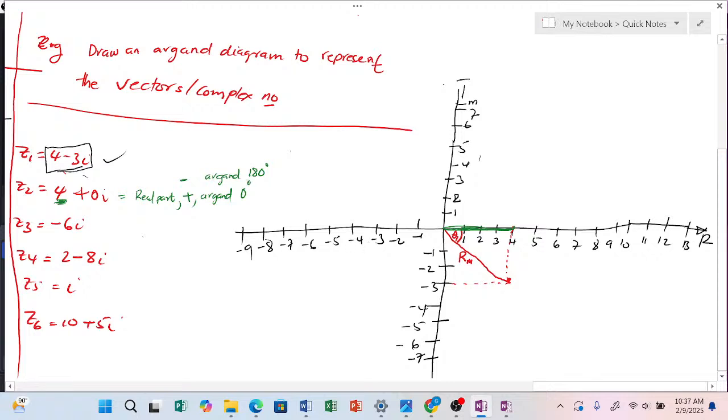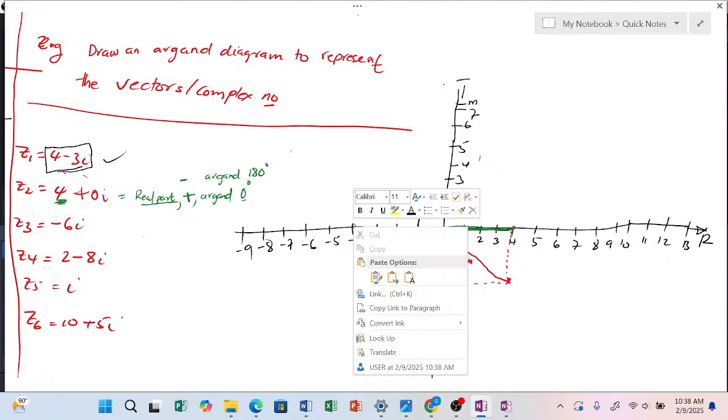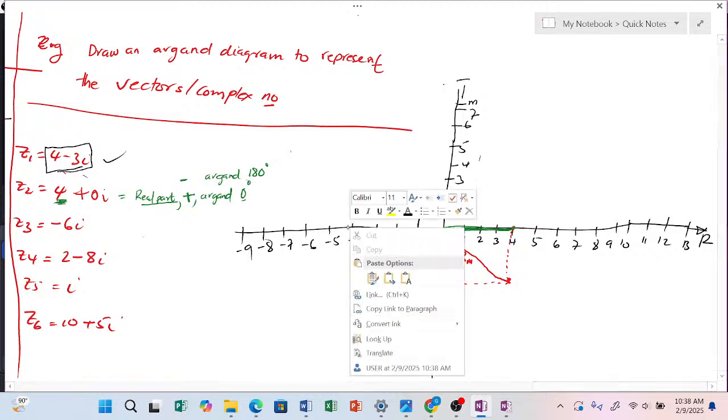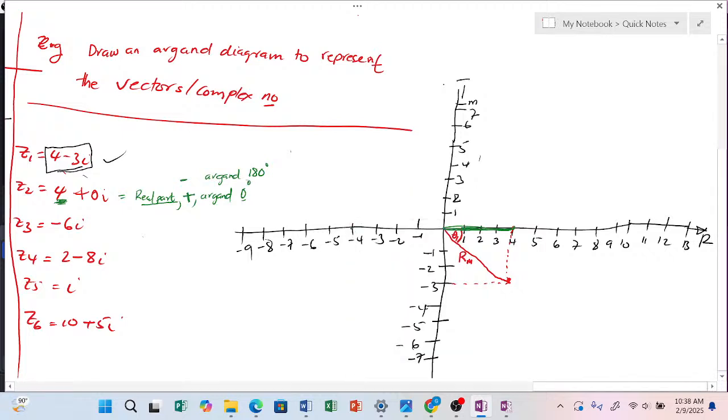So I'm saying that if you have a complex number which has only the real part, and the real part is positive, the argument is 0. If the real part is negative, assuming it was at this side, then the angle will be from here to here.